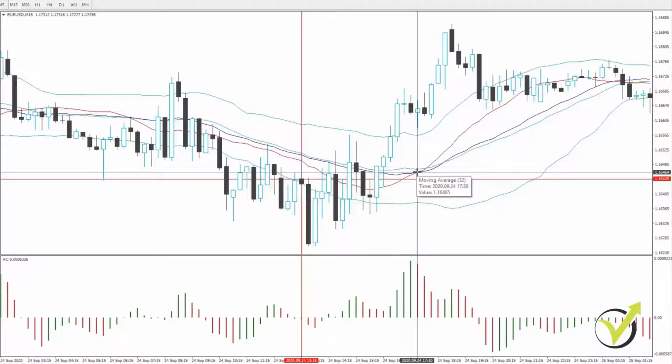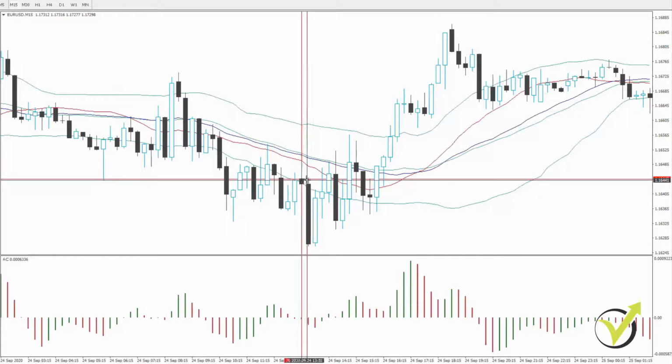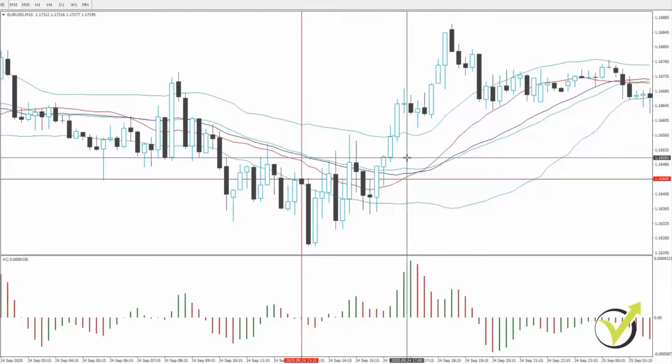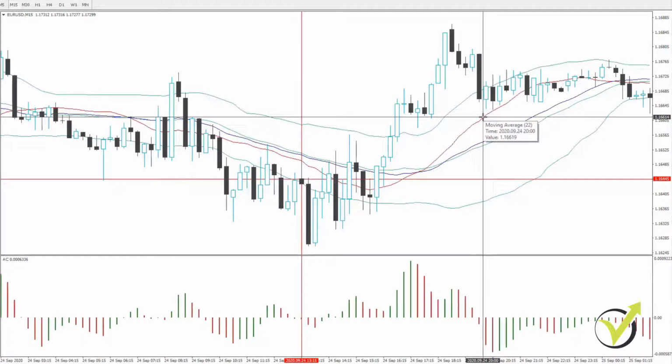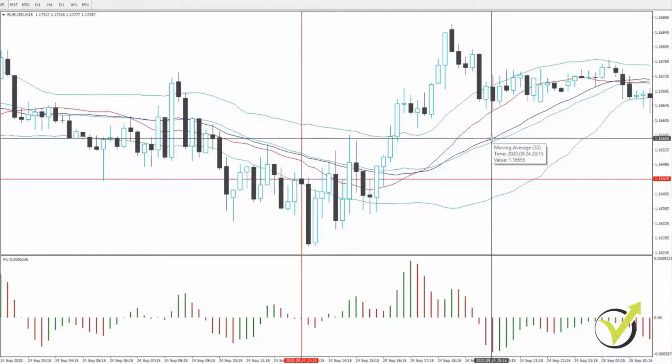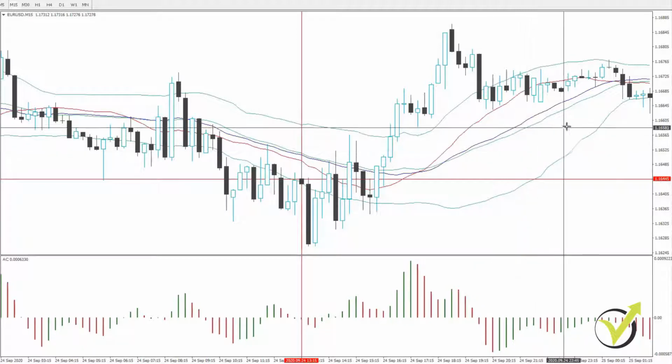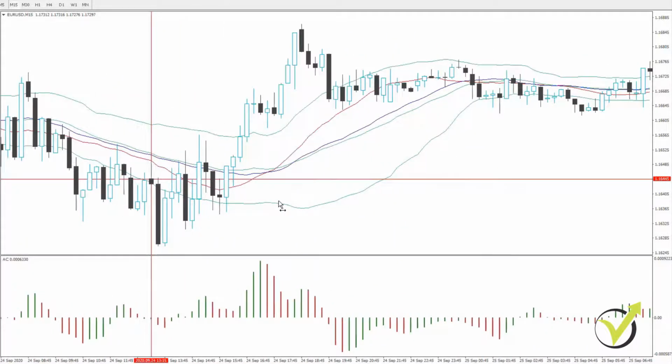And exactly the cross is our exit condition. So for the long trade, or for the buy, we will exit when the fast moving average, in this case the one with period of 22, or the red one, crosses the slow 32, or the blue one, upwards, which comes a little bit later.